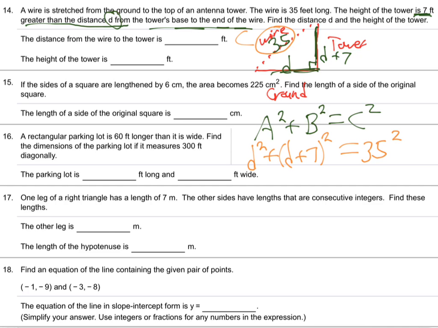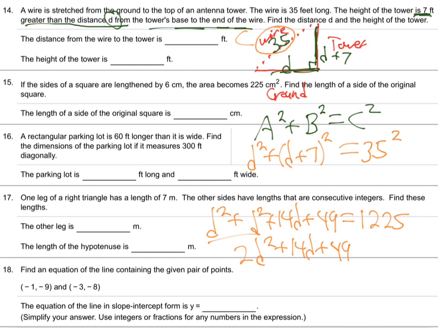Then you've got to work that out. You're going to get d squared plus, and then you square this out. What do you get? d squared plus 14d plus 49. What's 35 squared? 1225. Thank you. And then d squared and d squared is 2d squared plus 14d plus 49 is 1225.